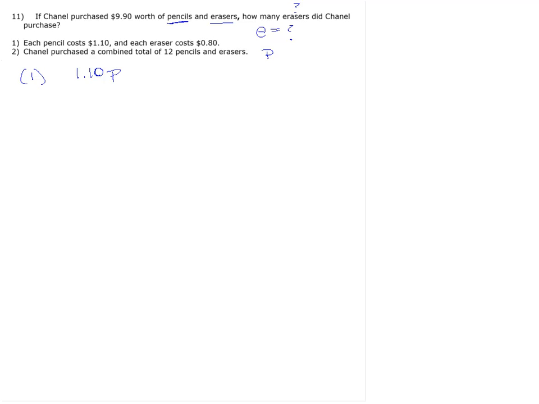That's the total cost she spends on pencils. And then if you multiply 80 cents by the number of erasers she purchased, right? 0.8E, that's the total cost of all the erasers. This is going to have to sum to $9.90 because the stem tells us it has to.